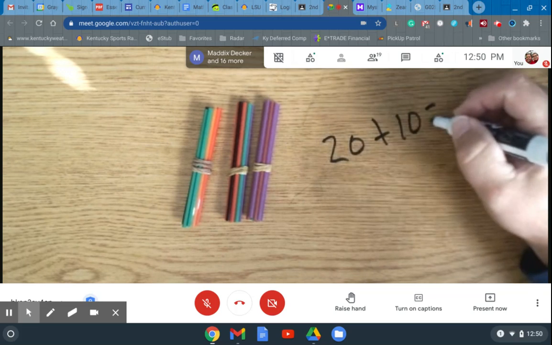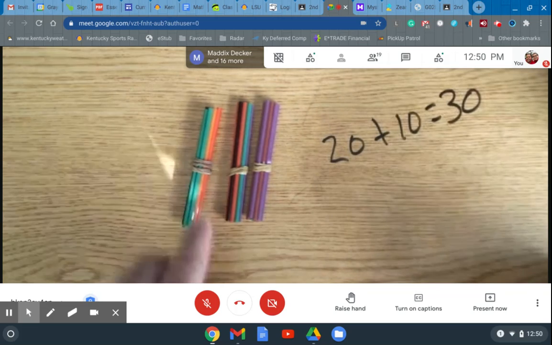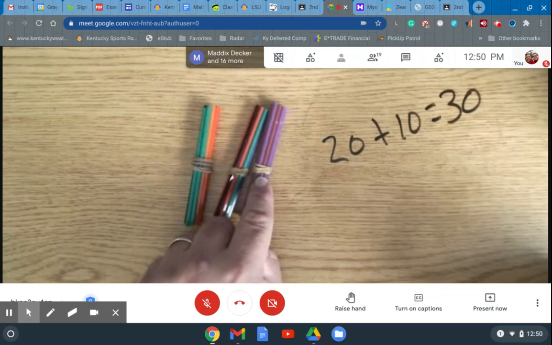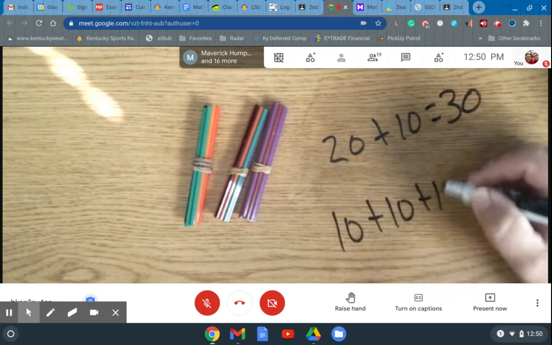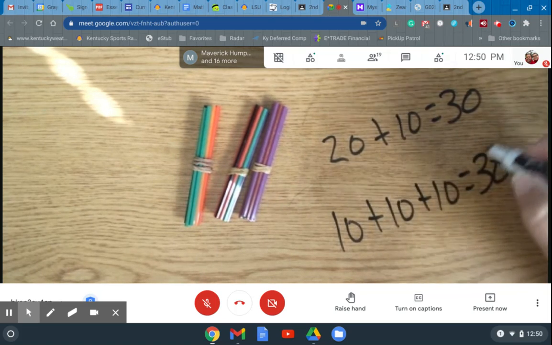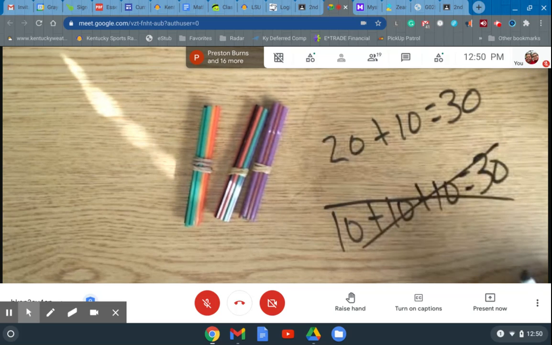Good job. I was afraid you were going to tell me 10 plus 10 plus 10. It's not this one here. Why is this not the sentence? Jace says, because that would take longer to write, and you put the higher number first.